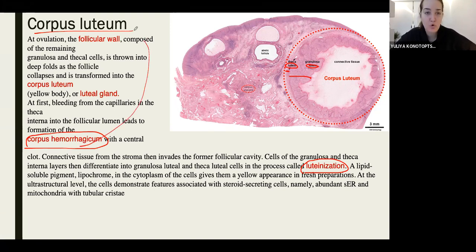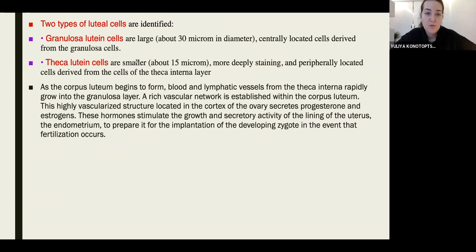And corpus hemorrhagicum will become corpus luteum. Because again, when you have a Graafian follicle and it ruptures, it causes some of the blood to flow here. That creates corpus hemorrhagicum. And then this blood gets cleared away and you make lutein cells and you have corpus luteum.